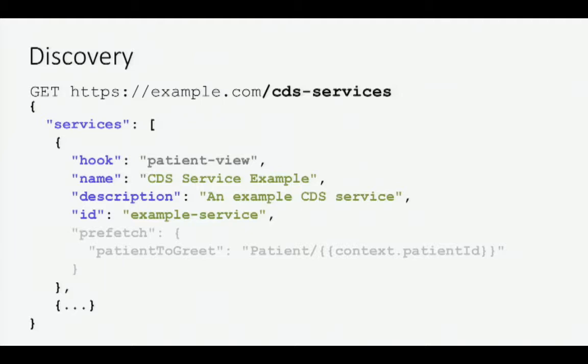Each CDS service has its own definition that defines the hook that it's interested in being called with, a name, a description, an ID parameter, which basically is used as our URL path parameter for that CDS service, as well as any prefetch data requirements that it needs, which I'll get into in a little bit here.